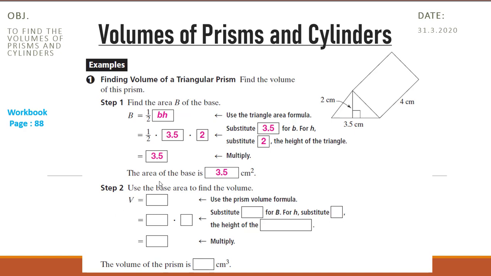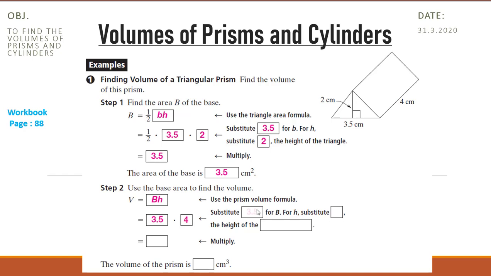We will use this to find the volume. To find the volume, multiply the area of the base by the height of the prism. Now the rule is base area multiplied height. And the base area is 3.5. The height is 4.